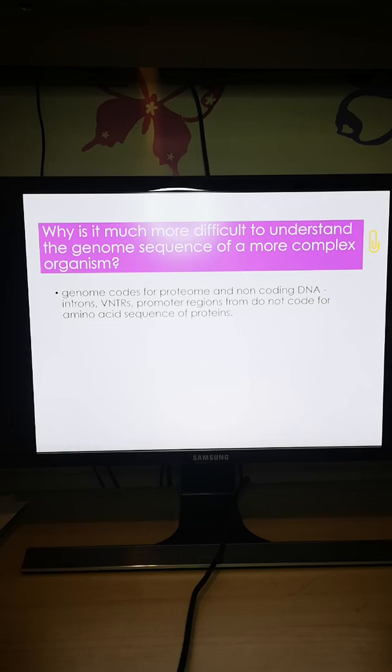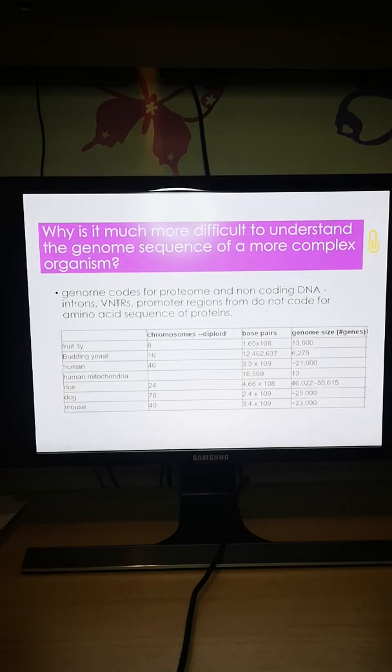We've also got things called variable number tandem repeats, promoter regions, and termination regions as well that we'll learn about in year 2. None of those code for amino acid sequences in proteins. So it's very difficult to work out what does code for a protein and what is part of this non-coding genome, making it very difficult to interpret human genome information. Not impossible though, but it just takes a little bit longer.